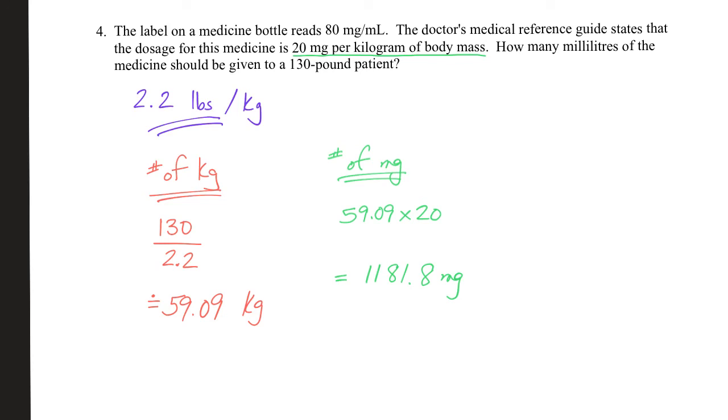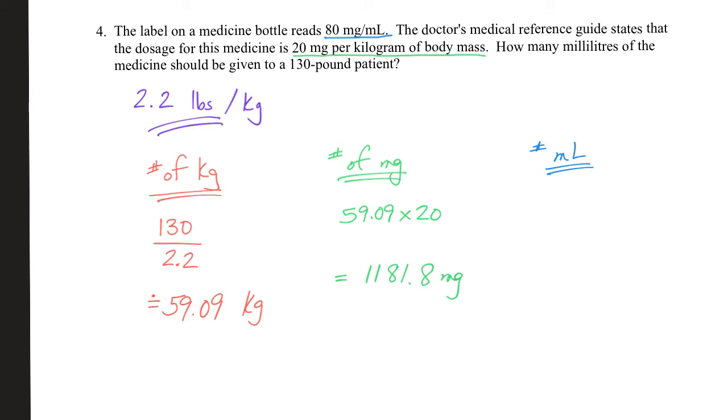Okay, well, now that I know my number of milligrams, now what I need to come up with is my number of milliliters, because that's what the question asked me for. How many milliliters? Well, it tells me at the very beginning that the label on the medicine bottle reads 80 milligrams per milliliter.